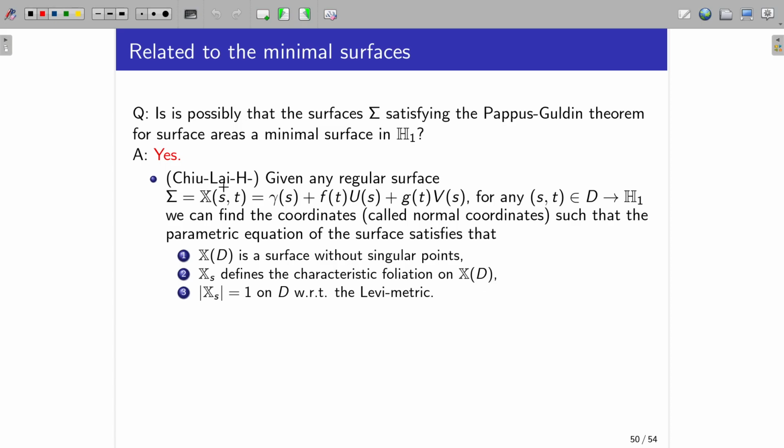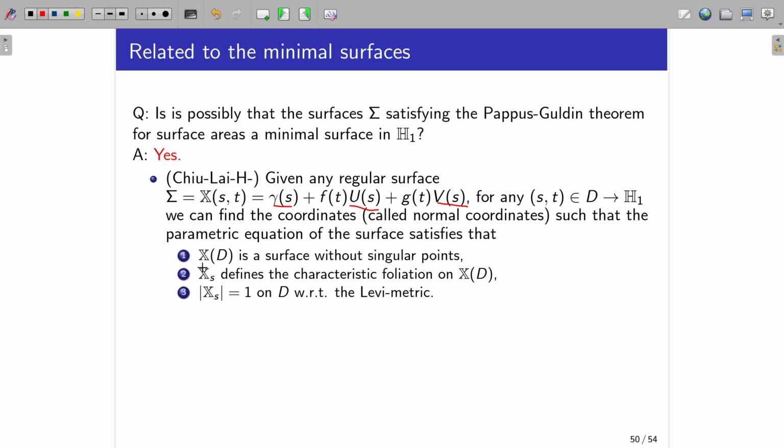By Cho, Lai, and myself, the previous result, we know that given any regular surface, sigma defined by gamma plus the tangent, the normal, horizontal tangent and horizontal normal, we can find the coordinates called the normal coordinates such that the parametric equation of the surface satisfies the following three conditions.